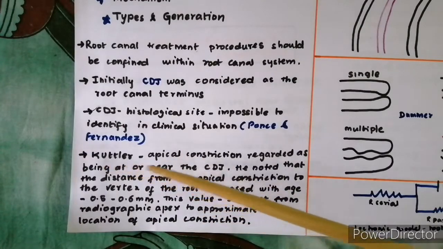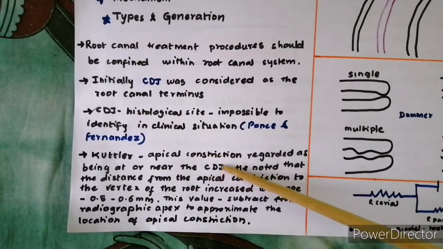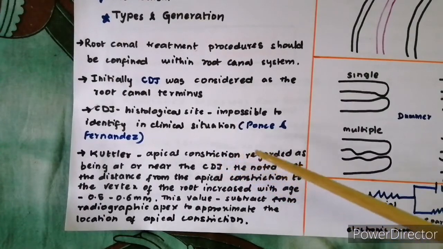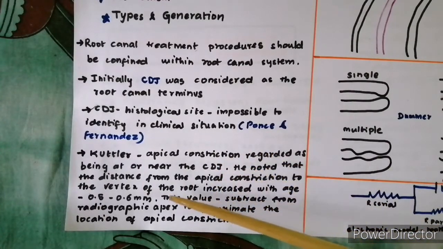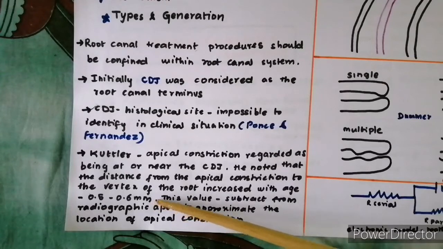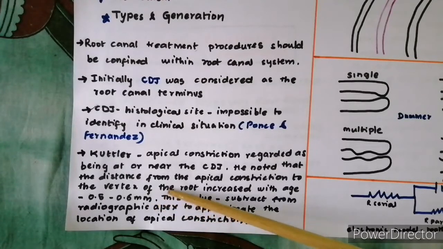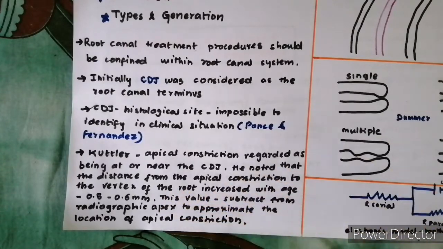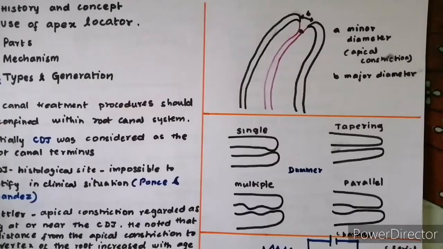So according to Cutler, the apical constriction is somewhat near to the cemento-dentinal junction, and he noted that it is located at 0.5 or 0.6 mm distance from the vertex of the root. This is the basic diagram which we should draw when this question is asked.